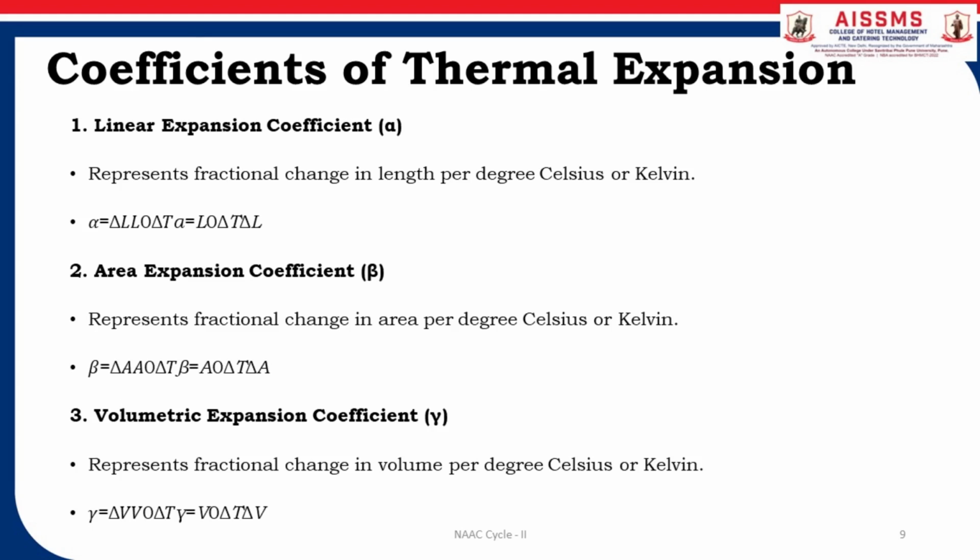The third one is the volumetric expansion coefficient. This coefficient represents the fractional change in volume per degree Celsius or Kelvin of temperature change. It is particularly relevant for liquids and gases, where gamma is the volumetric expansion coefficient, delta V is the change in the volume, V naught is the original volume of the material, and delta T is the change in the temperature.